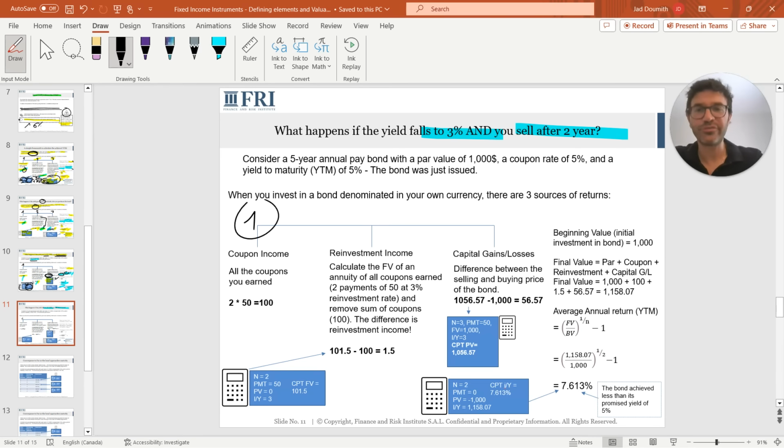The first source of return is the 2 coupons that you earned over the 2-year horizon, total 100. Like we did earlier, we will ask the calculator to compute the future value of a 2-year annuity, $50 payment, yielding 3%, 101.5.